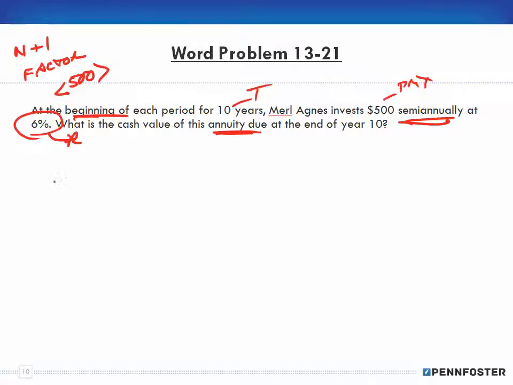Remember, I spoke about this in the last video, in the very first problem, that we had become accustomed to annually. All of the problems seem to be annually. But I had said, what happens if it's semi-annually?